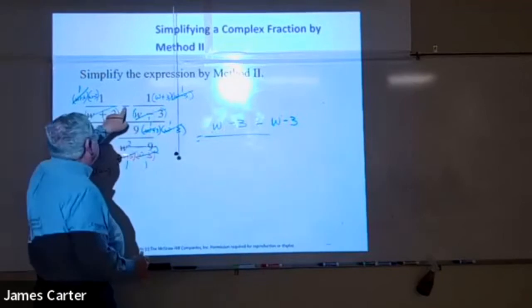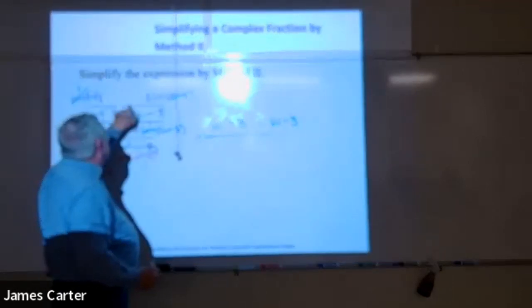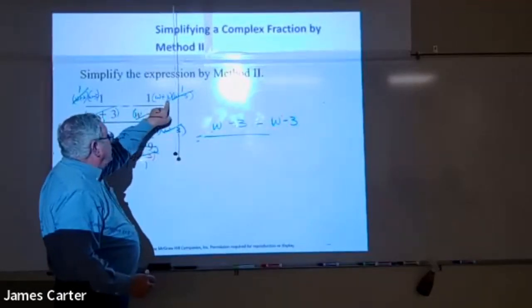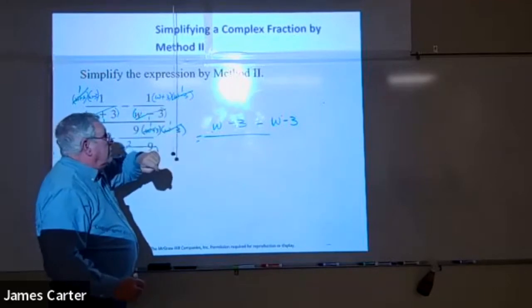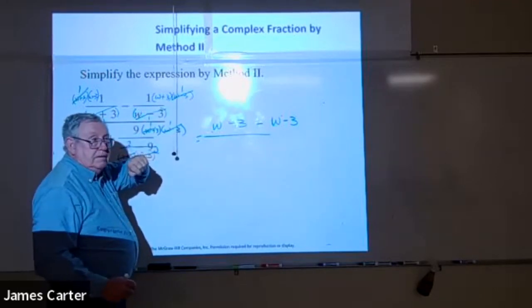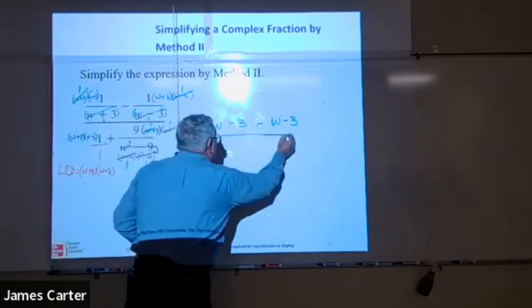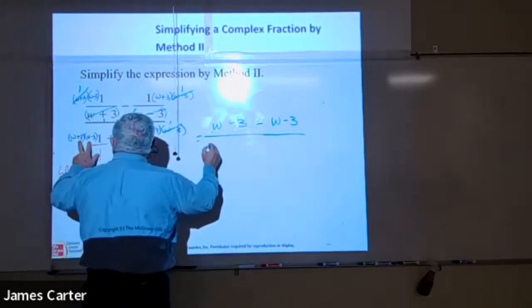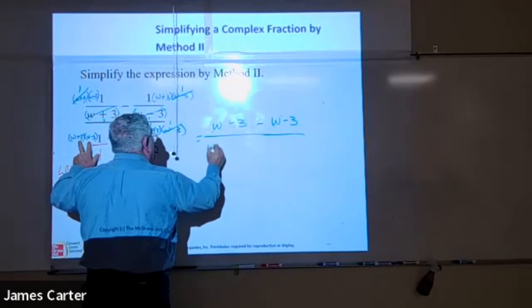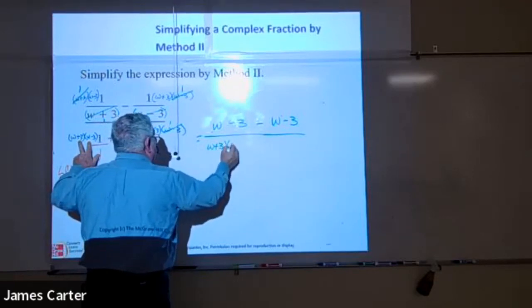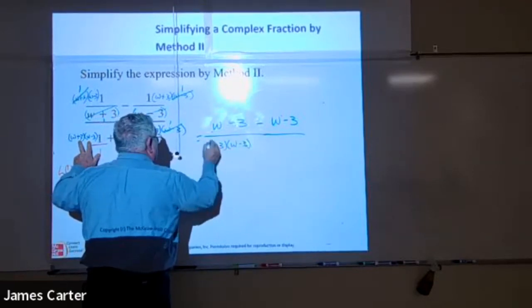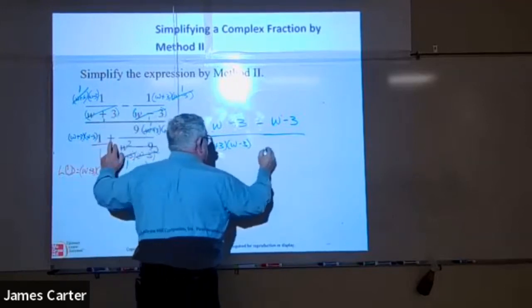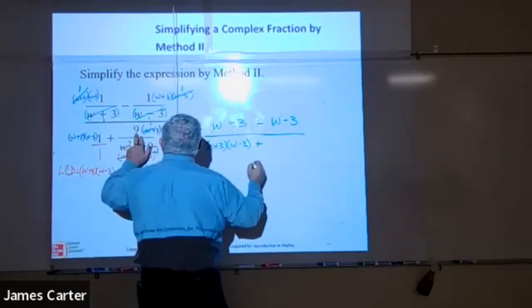Okay, what did I do? I took this minus times the W and this minus times the 3. Okay. All over. Here I've got both of these. W plus 3, W minus 3. Plus 9.